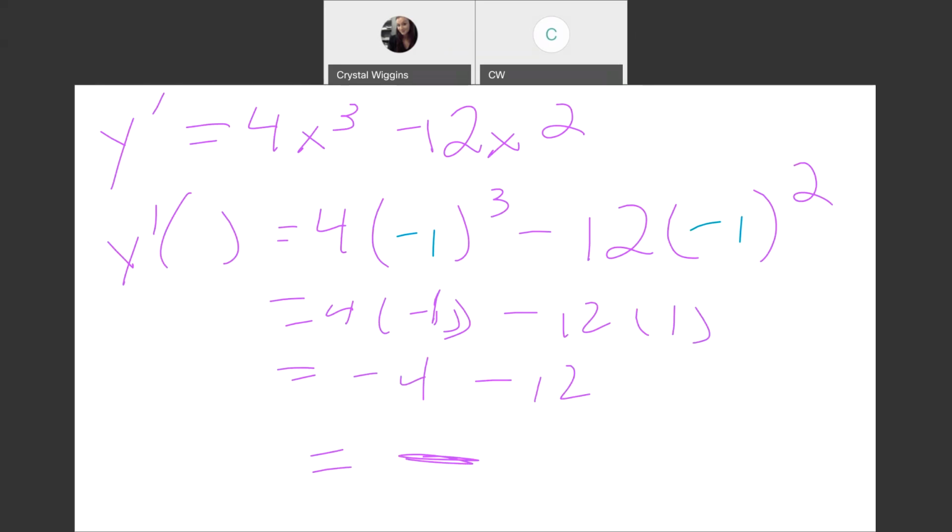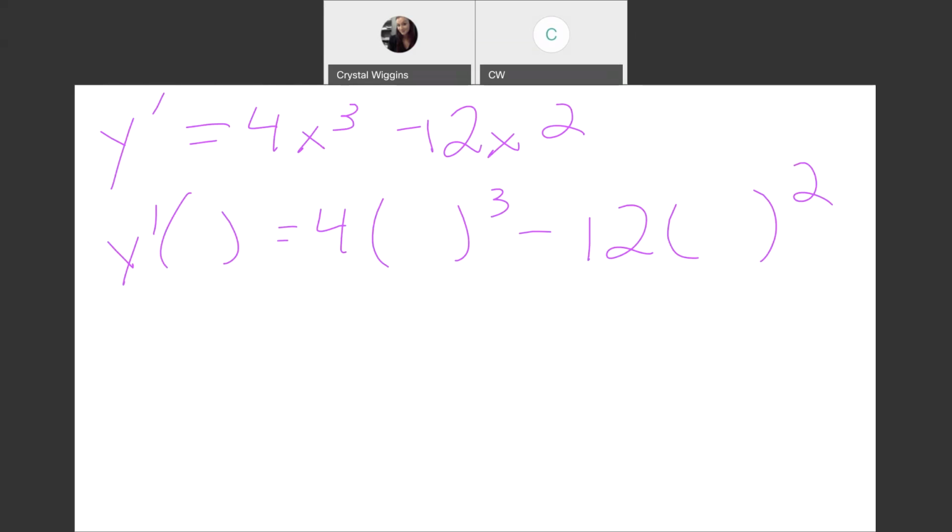So let's put in our next test point, which is +1. Hold on, gotta erase. There we go. So let's put in +1 into the function and calculate. Feeling like this is going to be positive, but let's see.